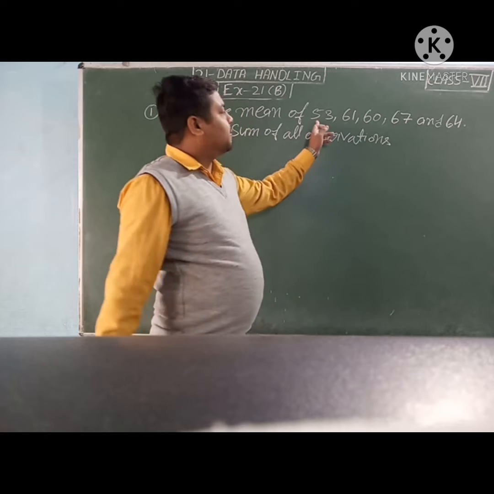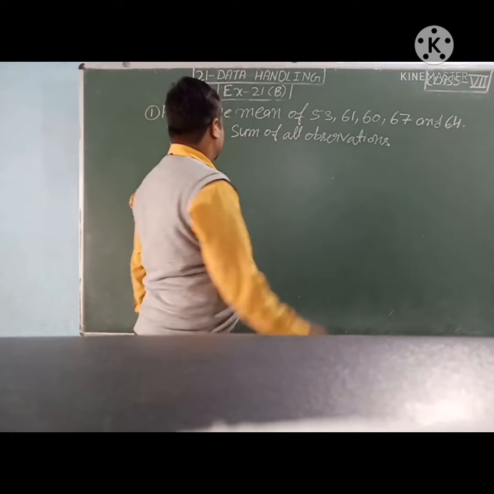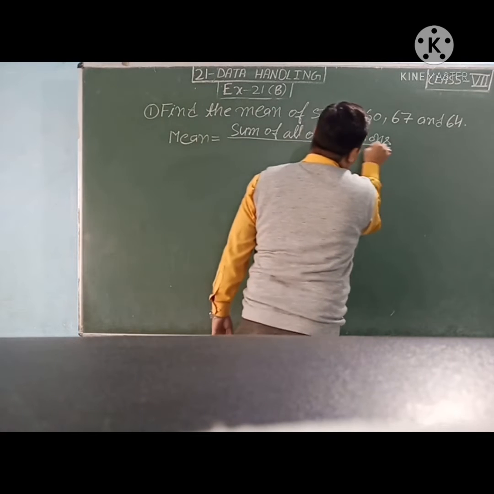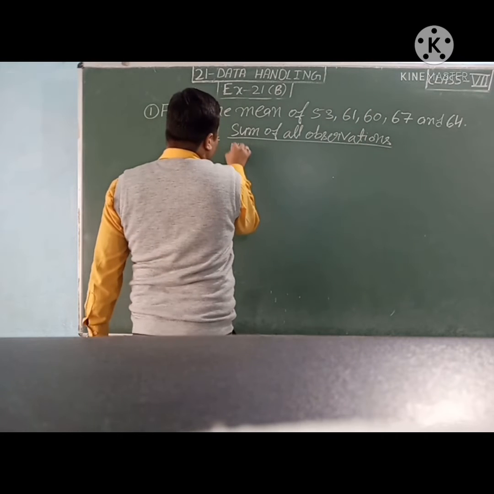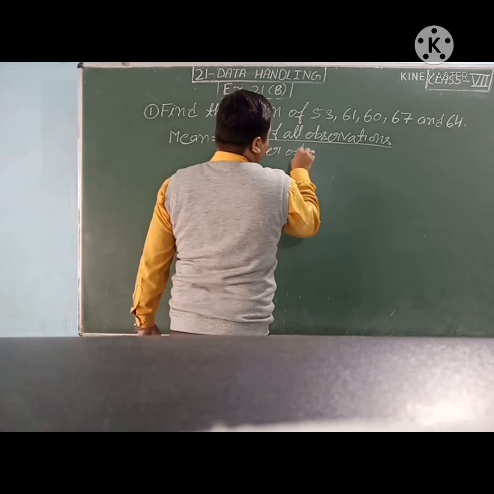Observations are these numbers 53, 61, 60, 67 and 64, upon the number of observations.